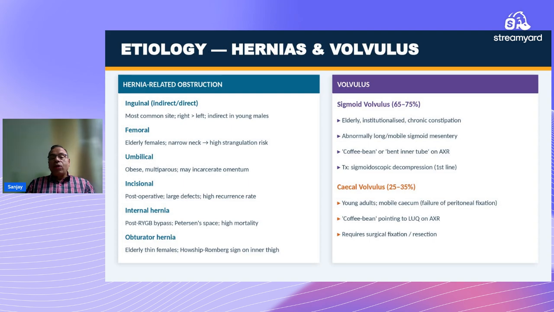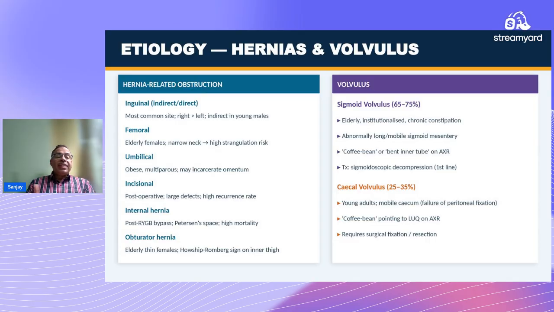Sigmoid volvulus accounts for almost 65 to 75% of cases of volvulus, seen in elderly patients with chronic constipation. Here, the pathology is an abnormally long or mobile sigmoid mesentery. On top of that, the sigmoid colon is also overloaded with stools in a chronically constipated patient.